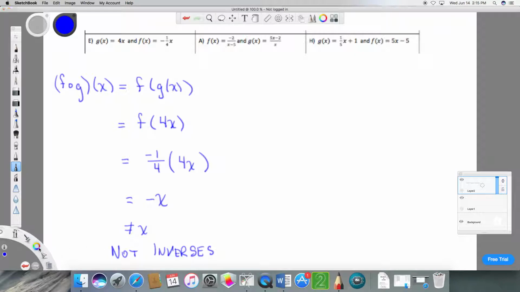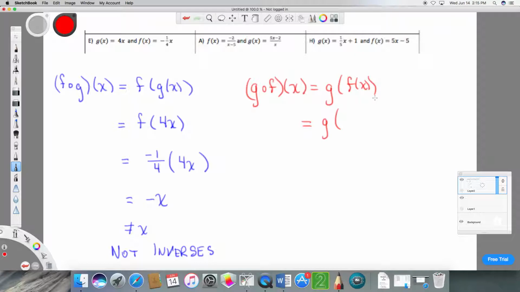But let's go ahead, in case someone had found g composed with f, illustrate that this is not going to equal x either. At least most of the time it won't. Sometimes there may be situations where it will.